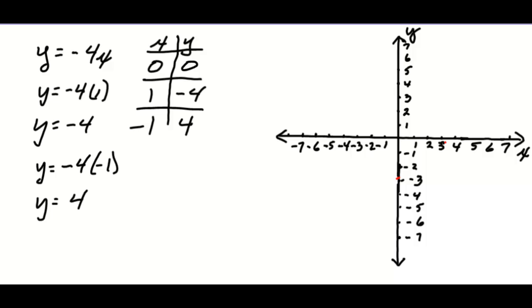You can draw the graph, but 0, 0 is right there in the origin. Then if x is 1, y is negative 4, it's down in here someplace. And the other one, when x is negative 1, y is way up here someplace. Then you would connect those two dots, and you'll go right through the origin if you connect them properly. We won't do that so that we can move on to our next problem.